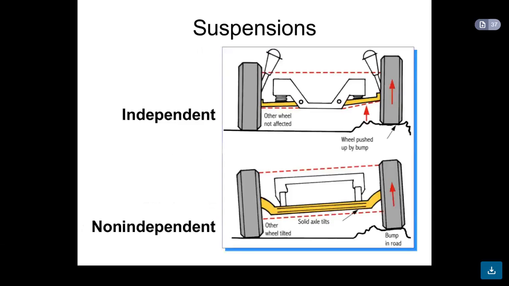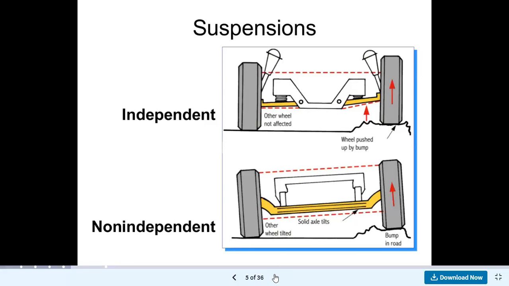If we see the diagram, the same explanation is available. Other wheel not affected, but will push up by bump. This is the independent situation. And in case of non-independent situation, bump in road, the tire or that wheel moves in upward direction. Other wheel becomes tilted.